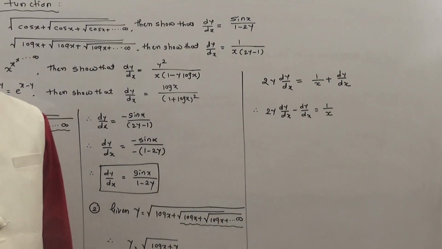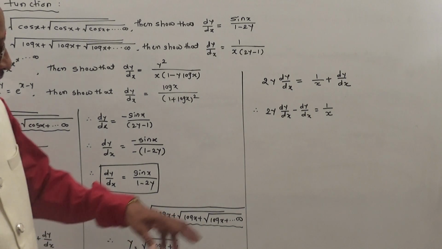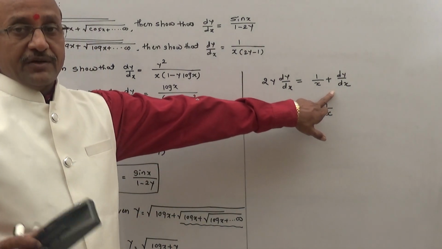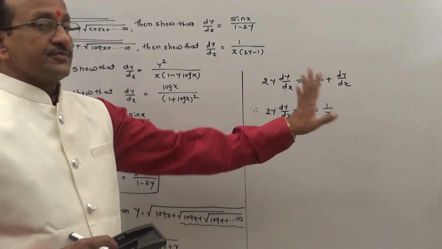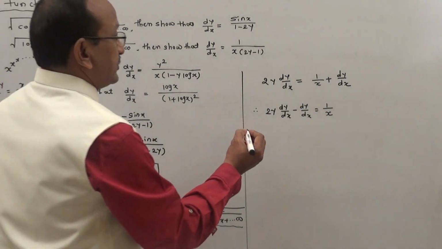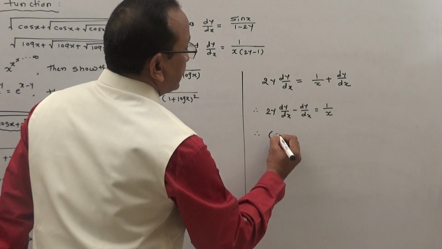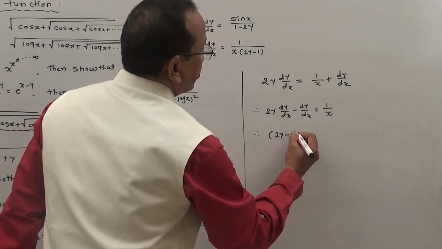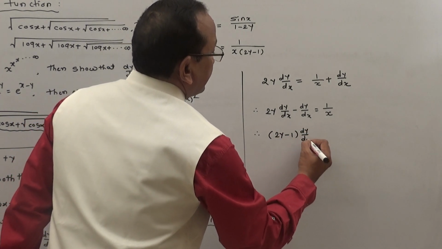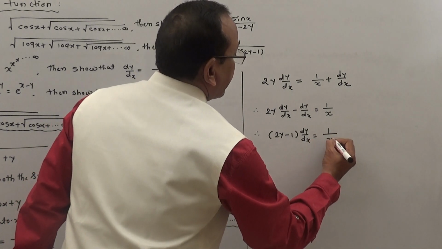By using implicit function, take terms involving dy by dx on one side, remaining terms on the other side. So what is common from this dy by dx? It is (2y minus 1) dy by dx is 1 upon x.